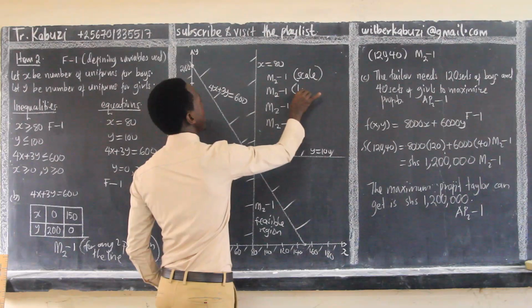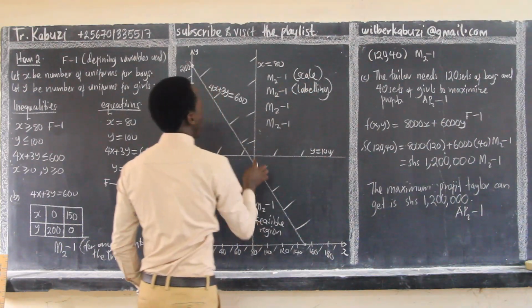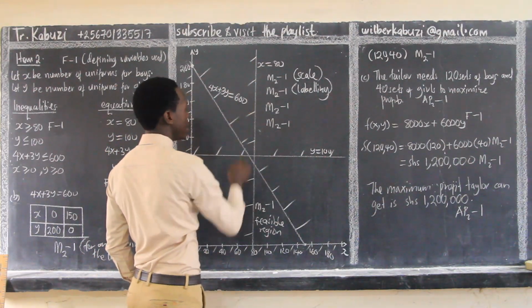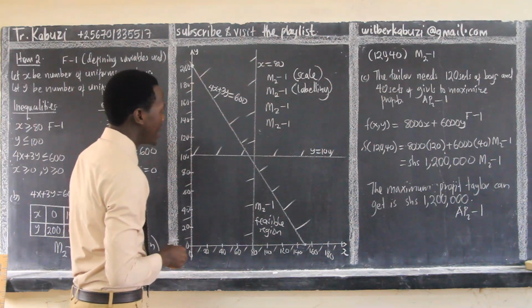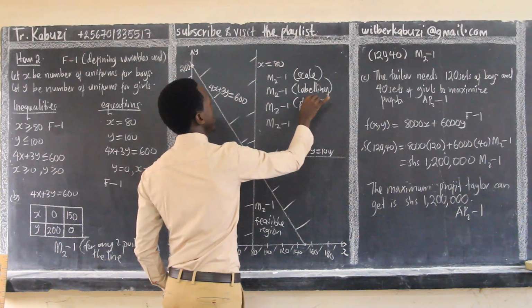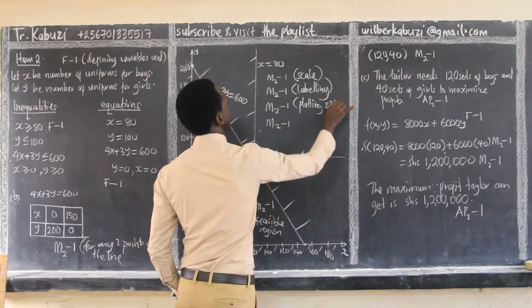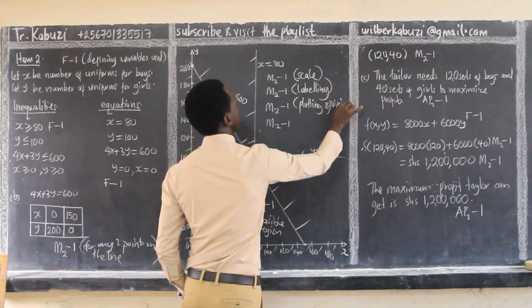The second thing is labeling the line. So you have to label any line that you have plotted here. So any line labeled, you get that manipulation mark. The next thing is plotting and joining points.